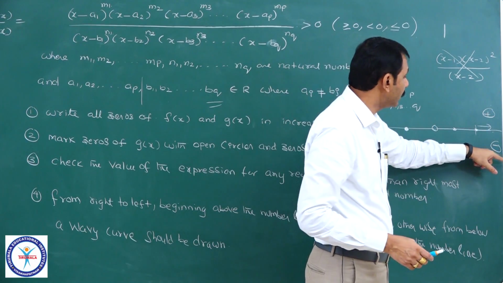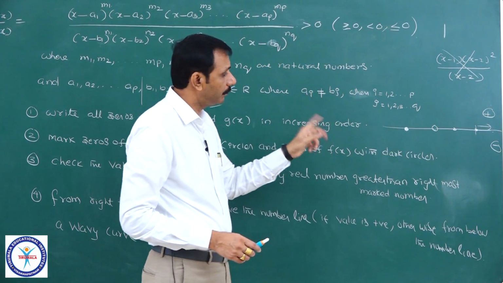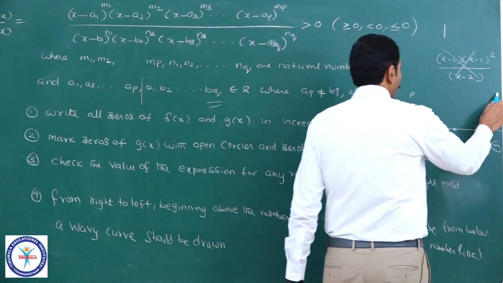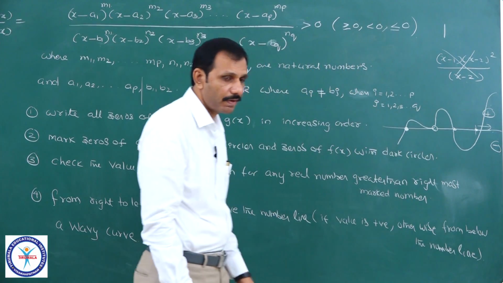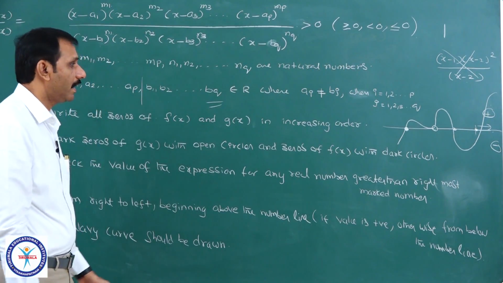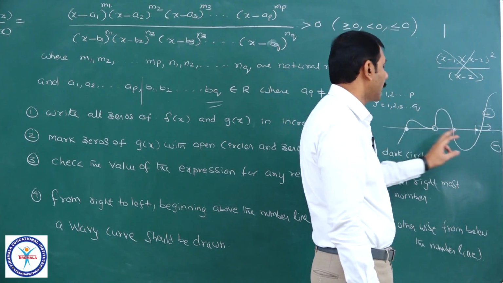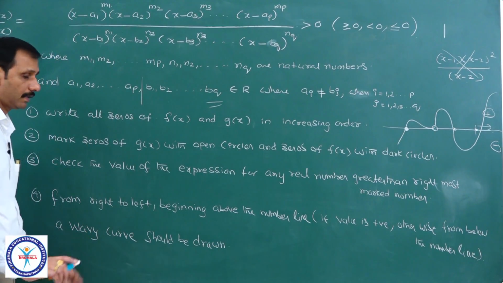If it is negative, start from below the real line. After drawing that, suppose this is our wavy curve. Now if it is greater than or equal to 0, collect the values where it is positive, and negative means collect where it is negative, and that will be our final solution set.